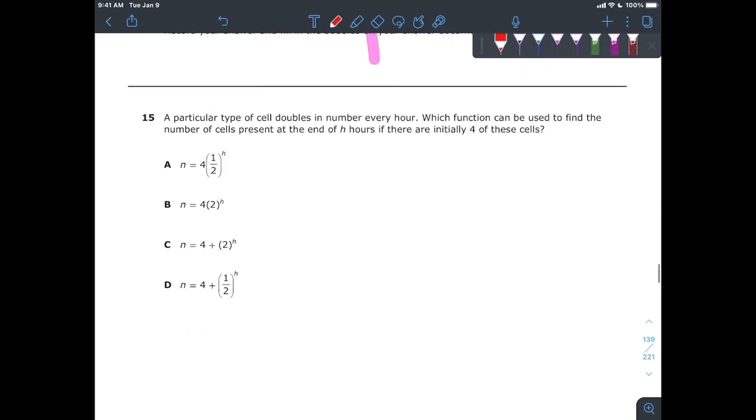Next one, number 15. A particular type of cell doubles in number every hour. Which function can be used to find the number of cells present at the end of h hours if there are initially 4 of these cells?